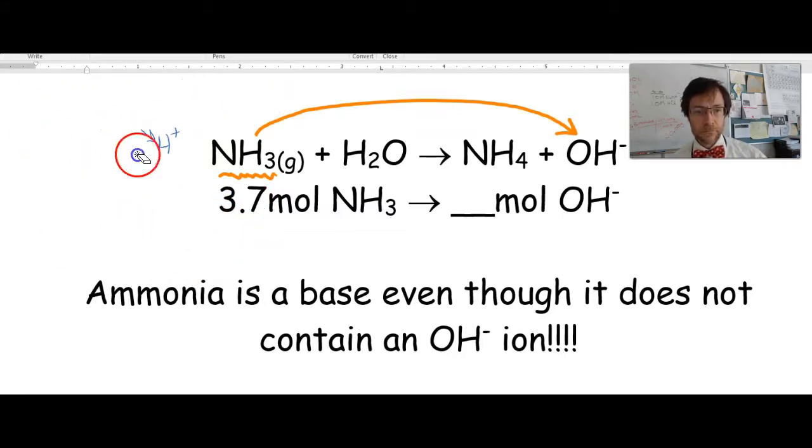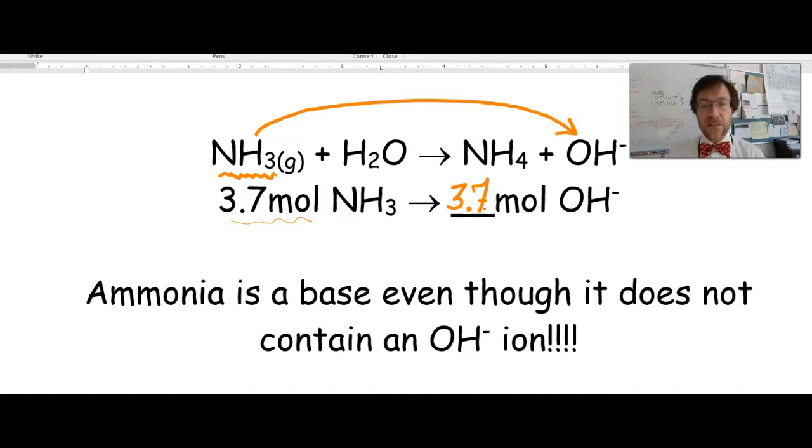Lovely. So it turns out the mole-to-mole ratio for ammonia and hydroxide ions is 1-to-1. It's very nice and easy. So if you have 3.7 moles of ammonia, you will make 3.7 moles of hydroxide.